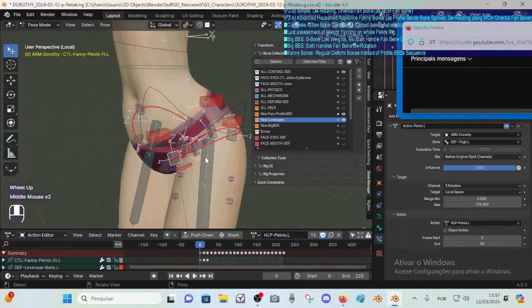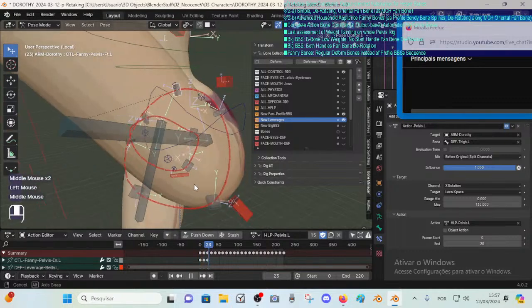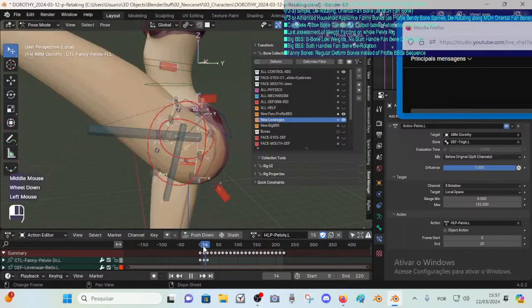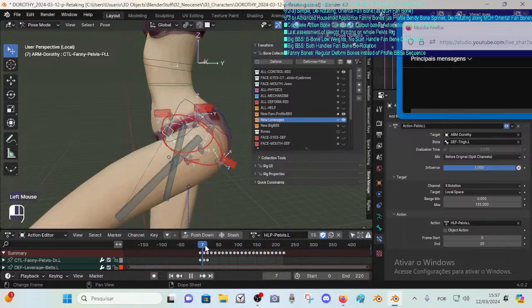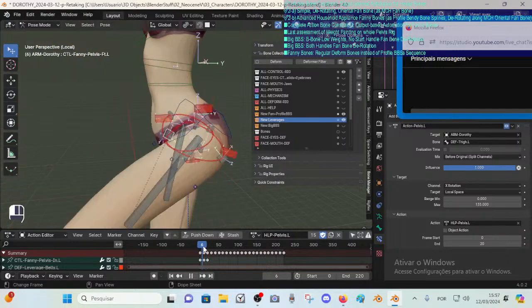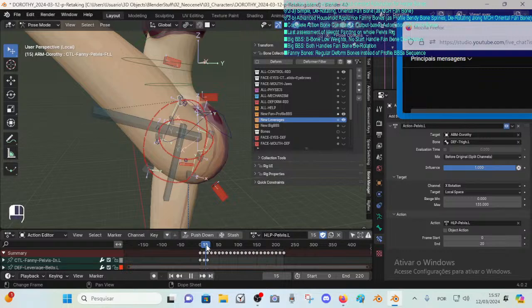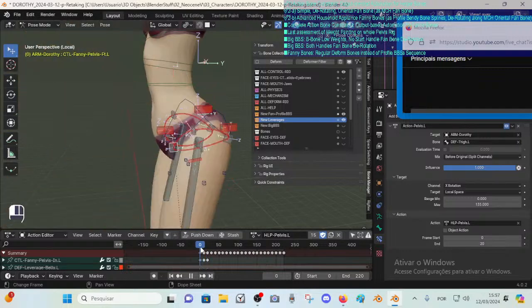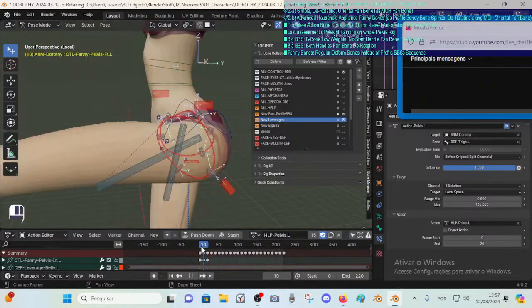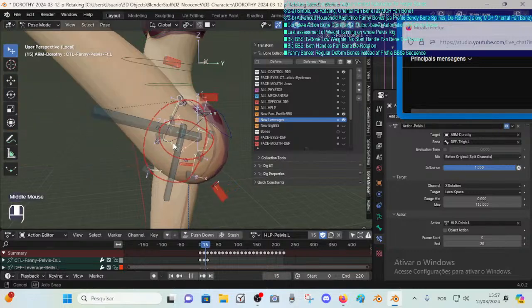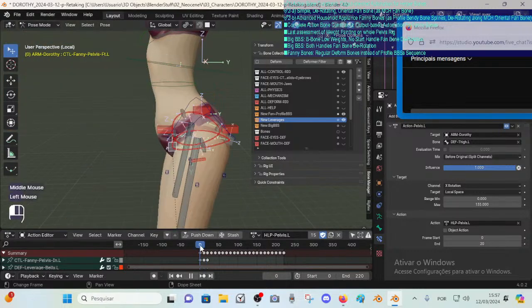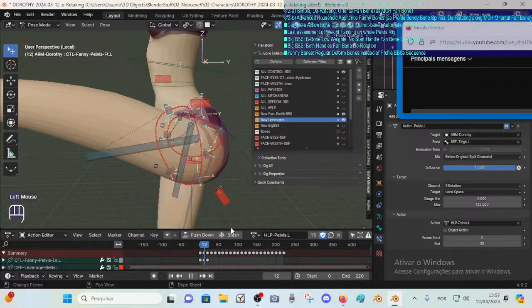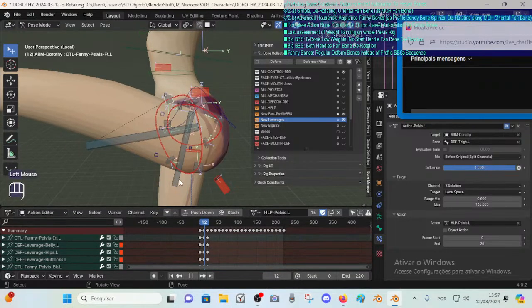Anyways, I've made the posing here, the automation for when the leg bends forward. However, I could probably reposition many of those bones on the keyframes, the same keyframes that I've made for them.